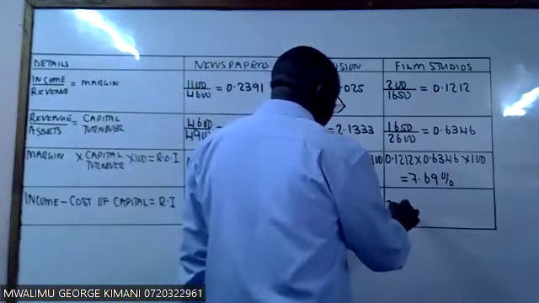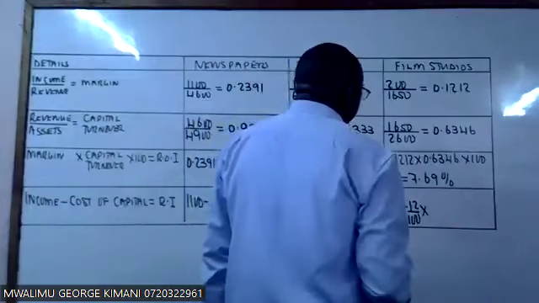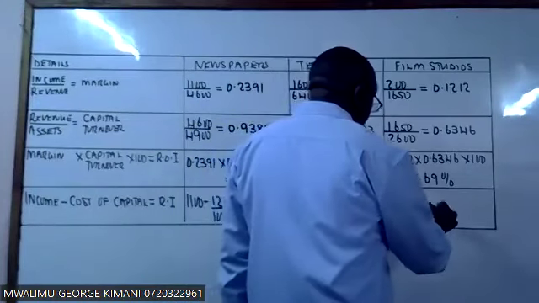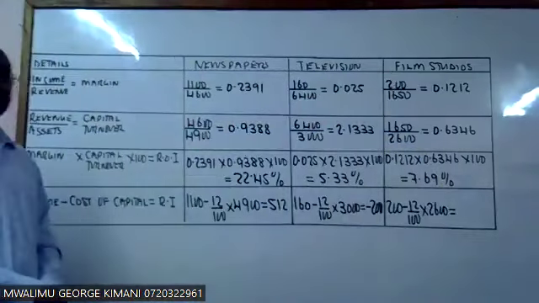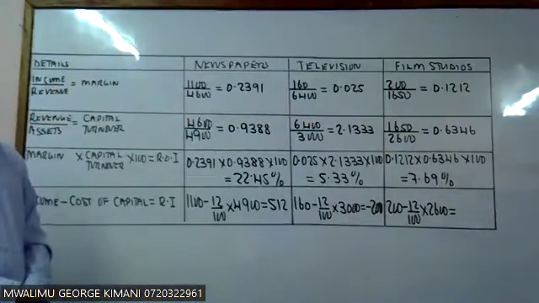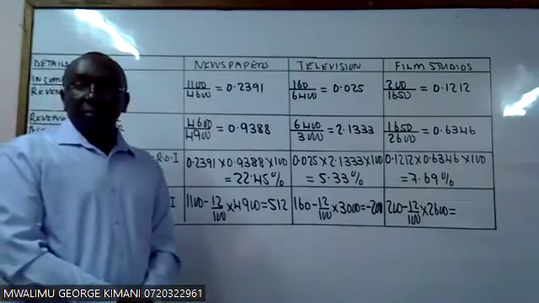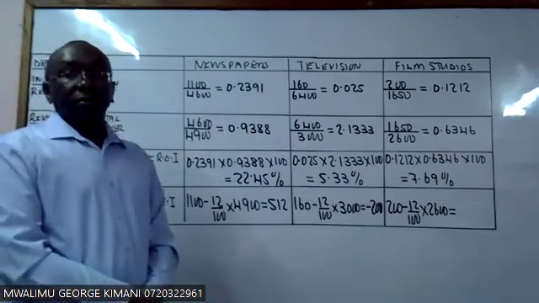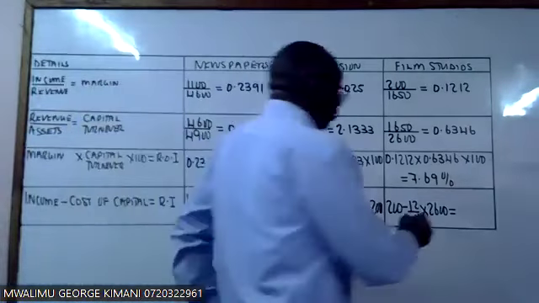Then we have 200 here minus 12% of 2,600. Yeah, negative 112.